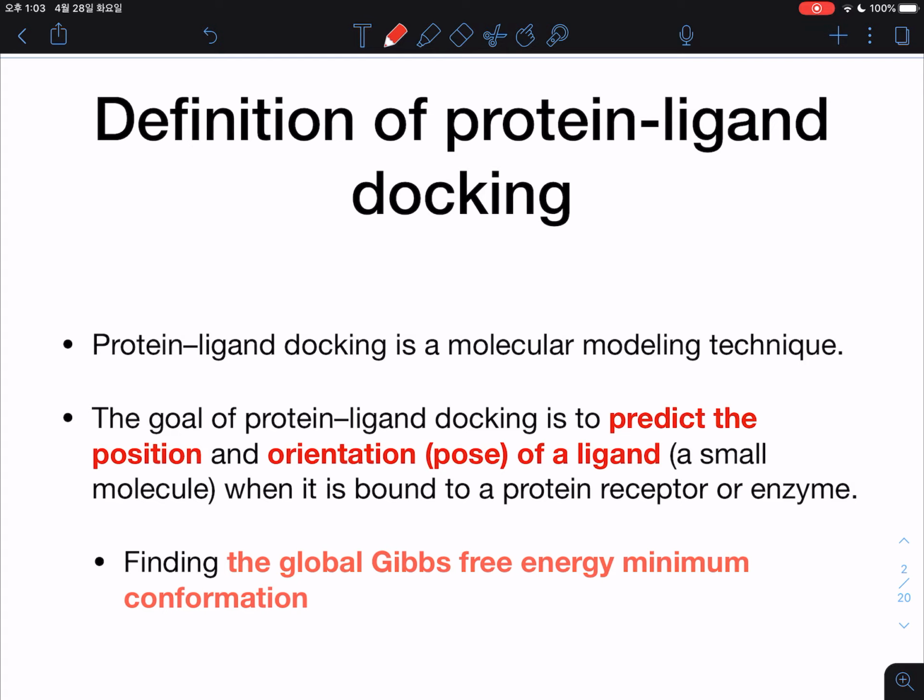In other words, it means finding the global Gibbs free energy minimum conformation of a ligand when it is bound to its receptor, because all chemical reactions spontaneously happen toward the global minimum of Gibbs free energy, right?